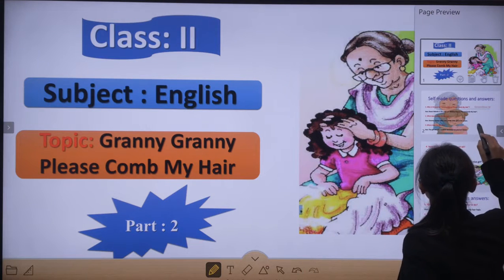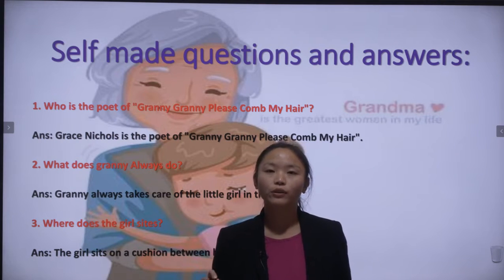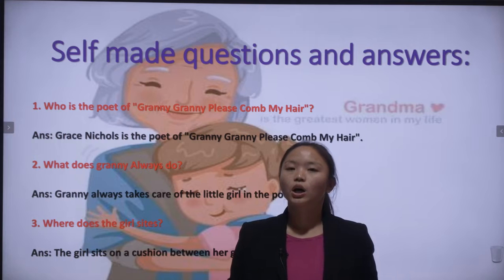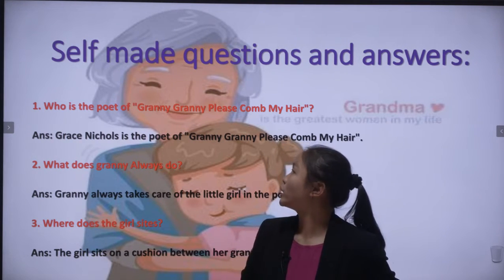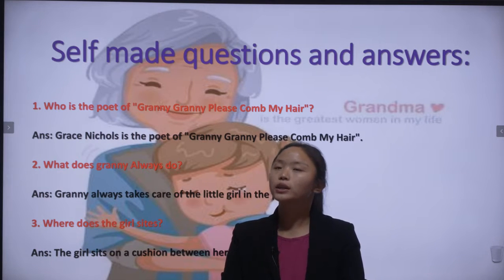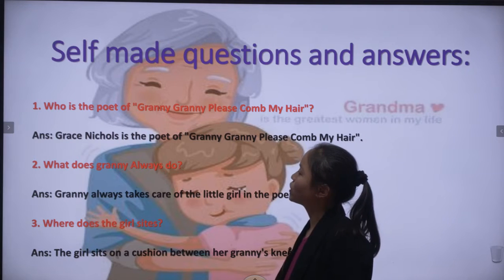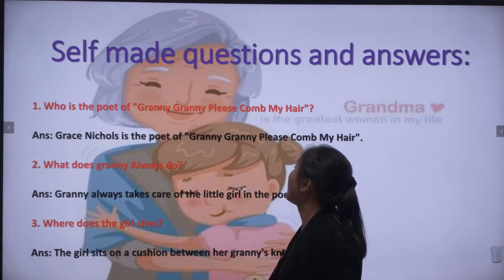So now we will do the exercise portion. In the previous class we finished the new words or the word meanings of the difficult words, है ना. We have done the new words of this exercise. So today we are going to start with the self-made questions and answers. So number 1 question is, who is the poet of Granny Please Comb My Hair?